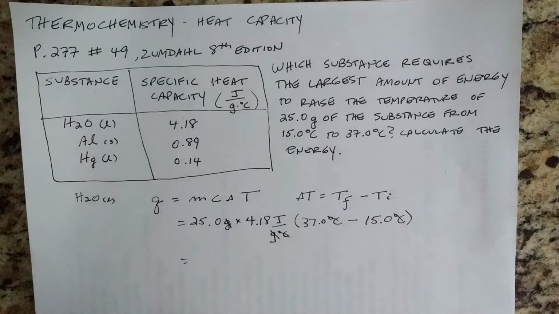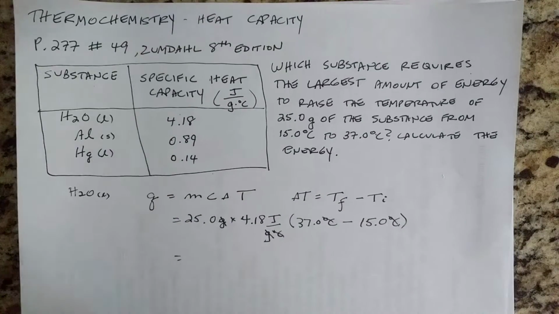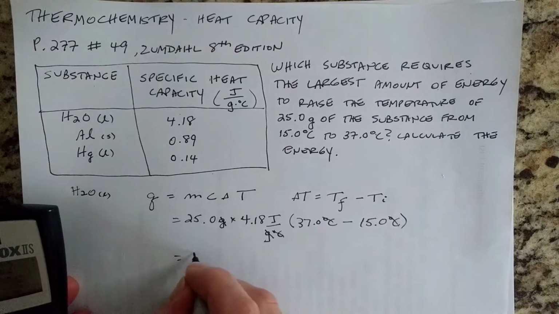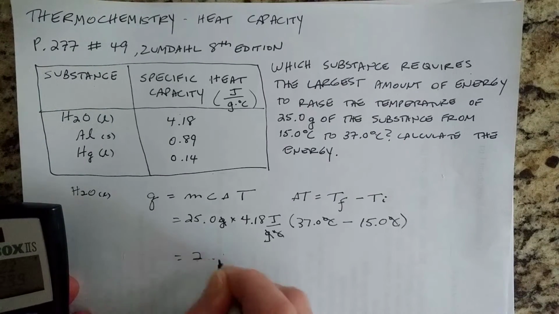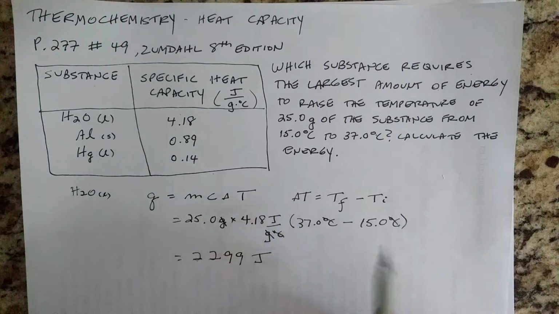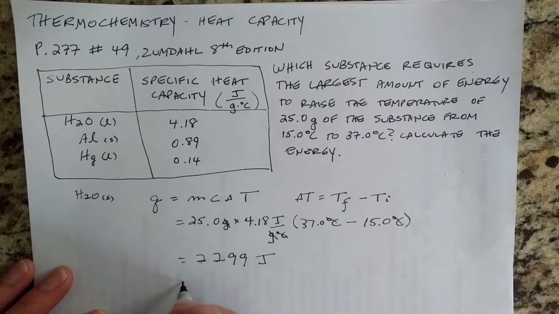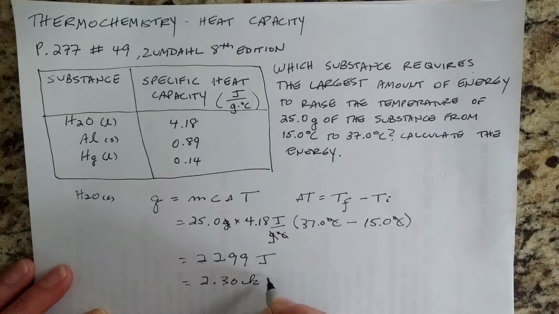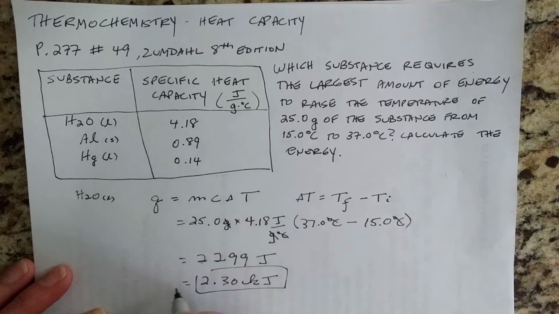So the larger the C, the larger the Q. We do that calculation out, and we get 25 times 4.18 times, the difference there is 22 degrees C, and our calculator gives us 2299 joules. Now we need three significant figures, so I'm going to put this in kilojoules, so 2.30 kilojoules is our answer.